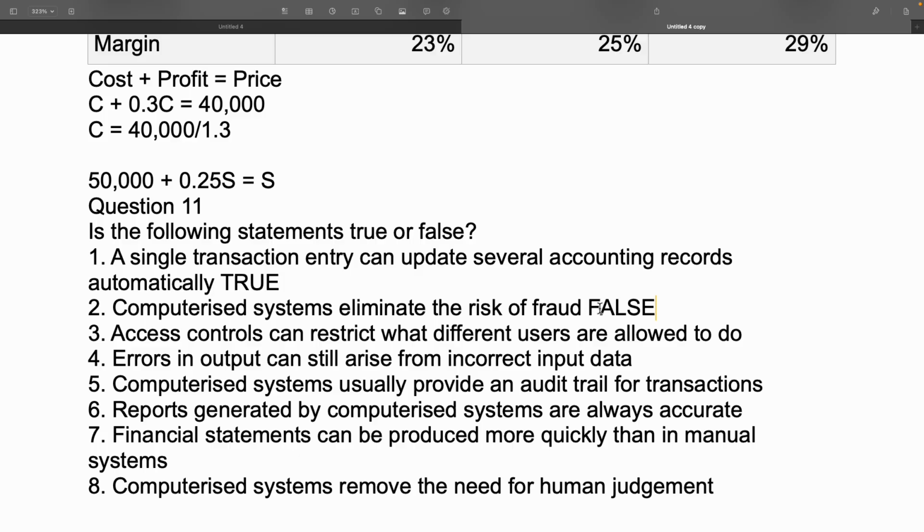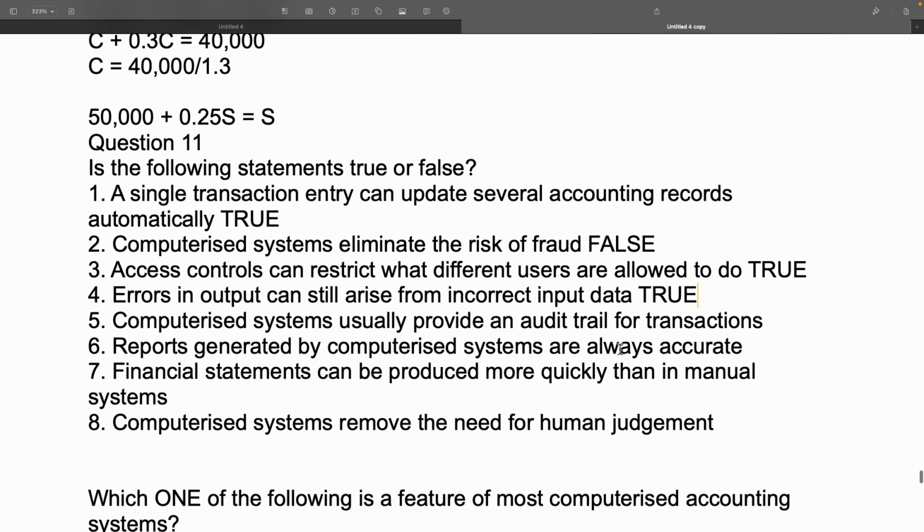Access control can restrict what different users are allowed to do. This one is true. Error in output can still arise from incorrect input data. This one is true. Computerized systems usually provide audit trail for transactions.